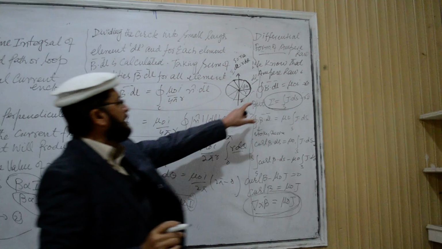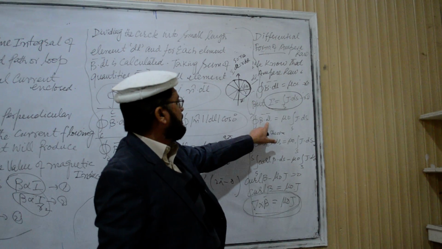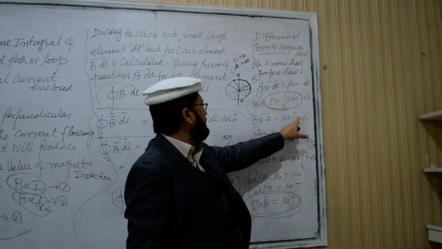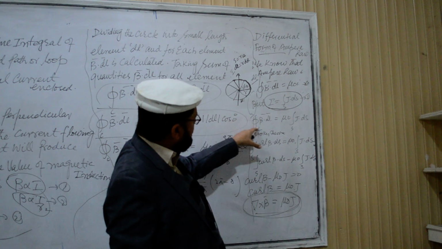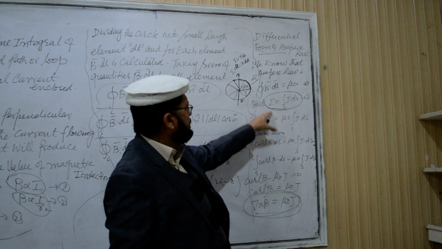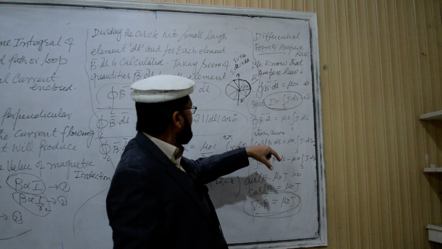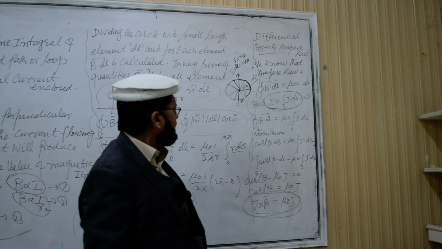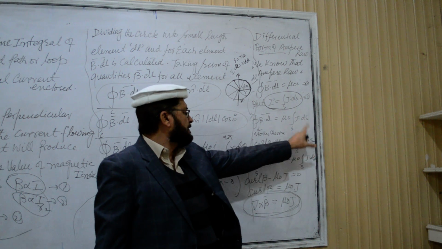Putting the value of I in this equation gives integral on closed path B dot dl is equal to mu naught I, in this case integral over S of J dot ds. Now apply Stokes theorem on the left side of this equation. Once you apply Stokes theorem, it becomes integral over S of curl of B dot ds is equal to mu naught integral over S of J dot ds.